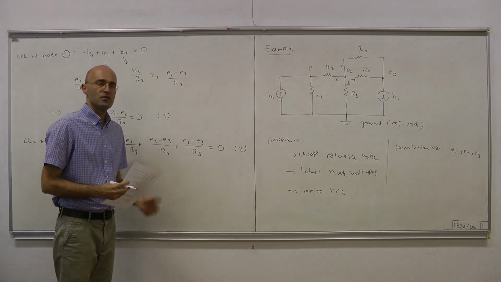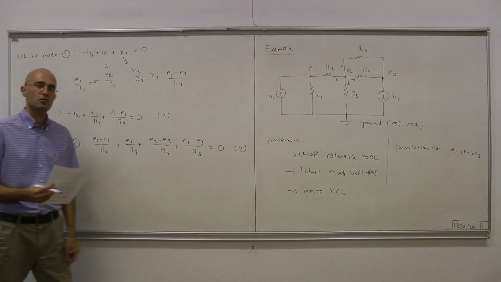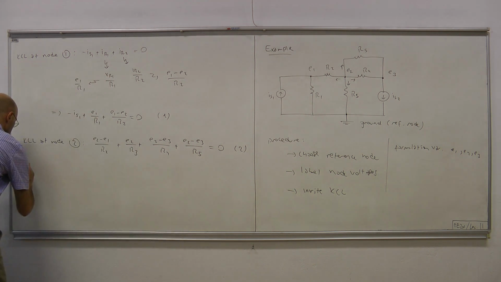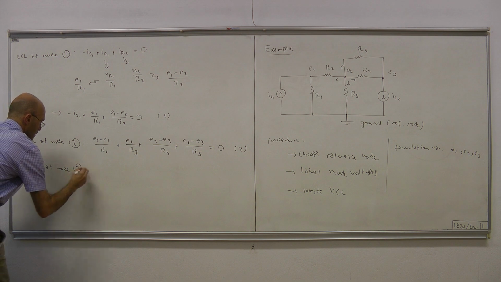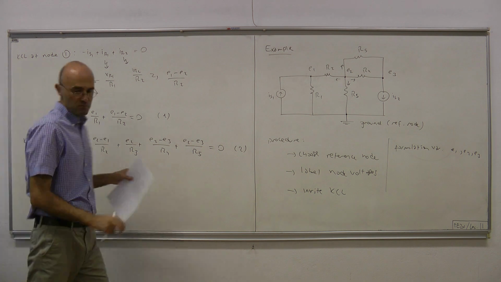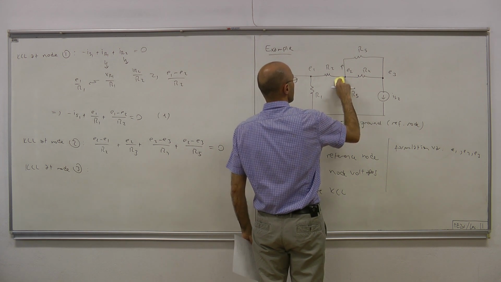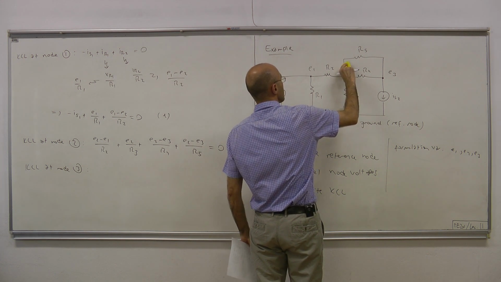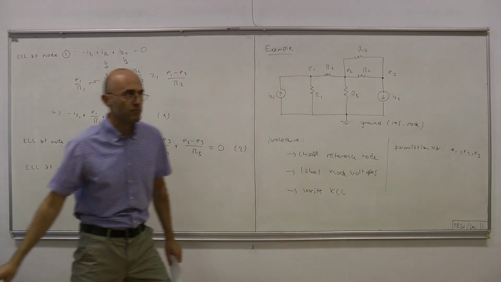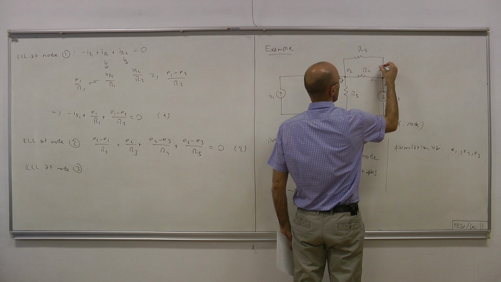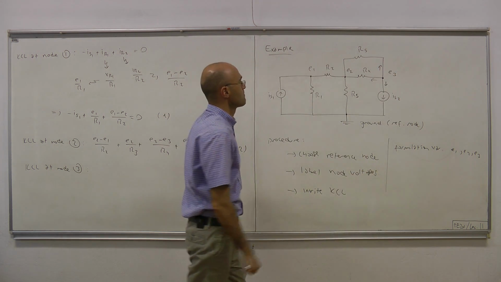That's our second equation, which again is only in terms of our formulation variables. And finally, KCL at node 3. Now we write the sum of these 3 currents.